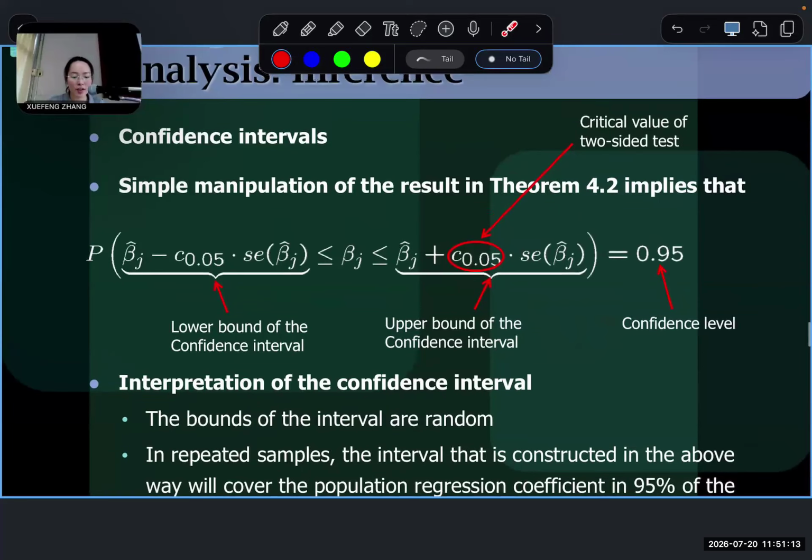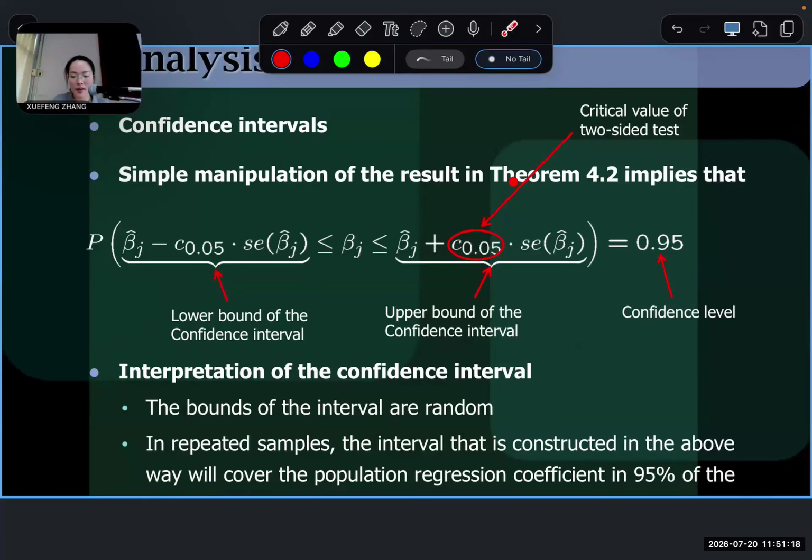Confidence interval, a new topic again. Remember theorem 4.2? Here, it's the same theorem, just a different way of using it. We take theorem 4.2 and rearrange it a bit, and we get beta j hat minus the critical value at 5% times the standard error of beta j hat.